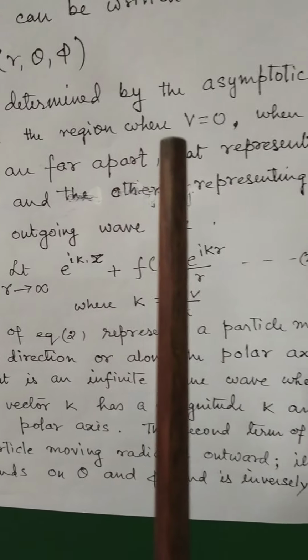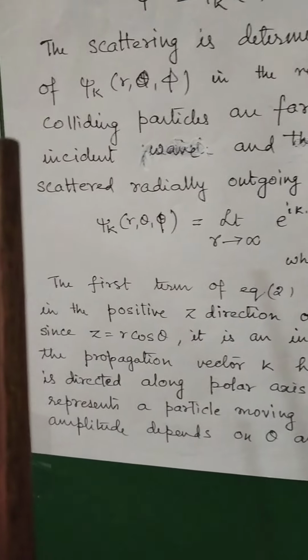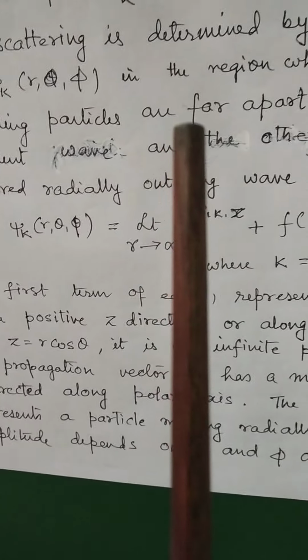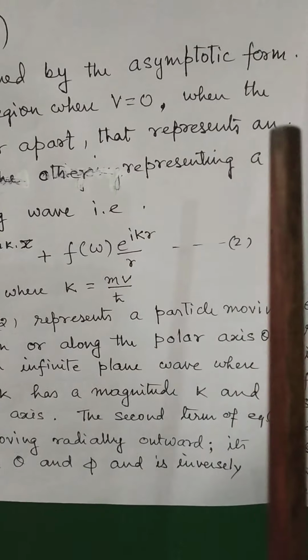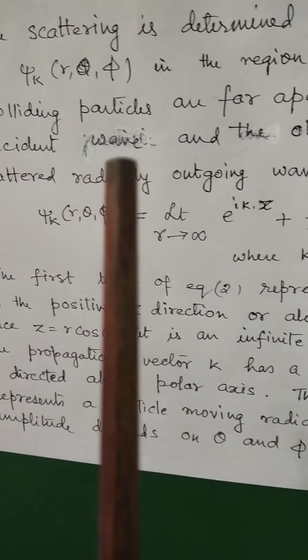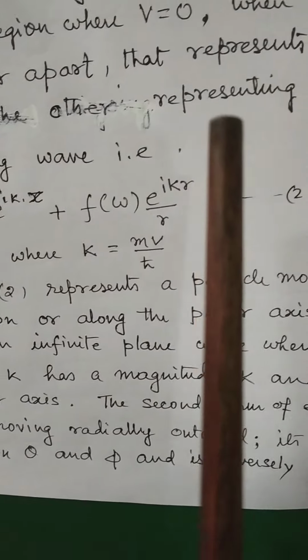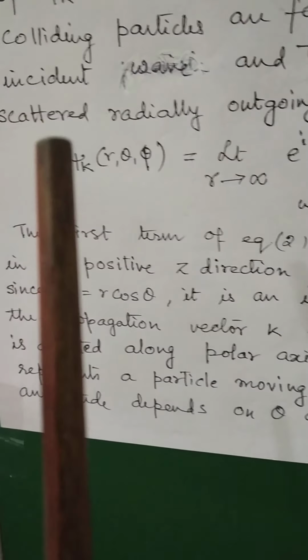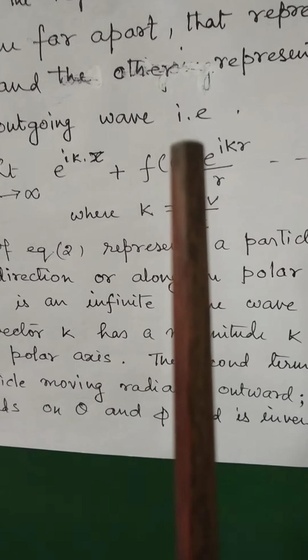phi in the region where V equal to 0, where the colliding particles are far apart, that represents an incident wave, and the other representing a scattered radially outgoing wave.